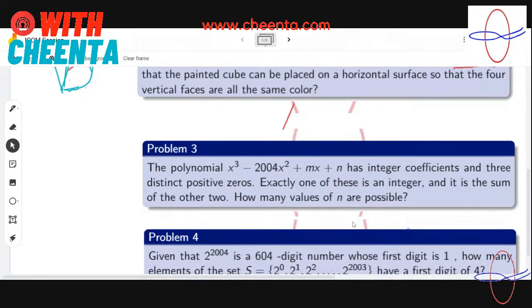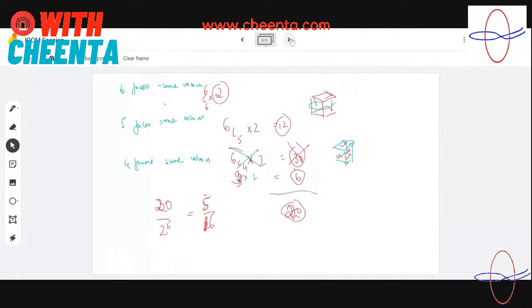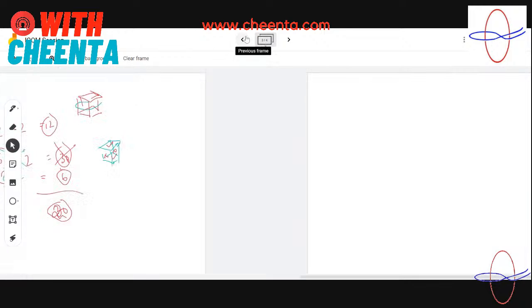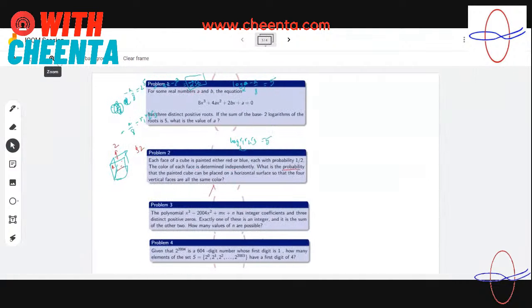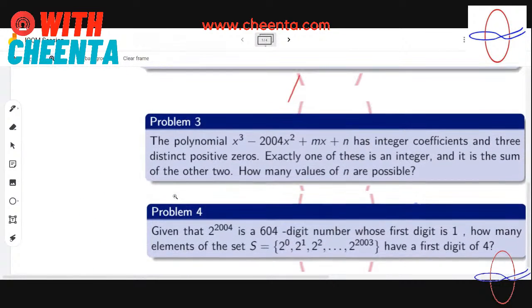So how many values are possible for n? That's an interesting problem. I love this problem, I guess. Let's see this problem again.